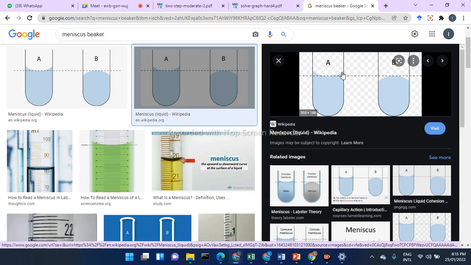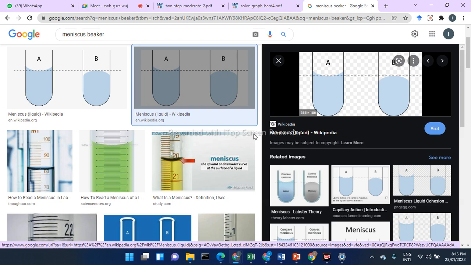Now when you're making the measurement, you don't want to read above the meniscus. You want to make sure you square your eyes directly at the bottom of the meniscus. That would give you the proper reading.